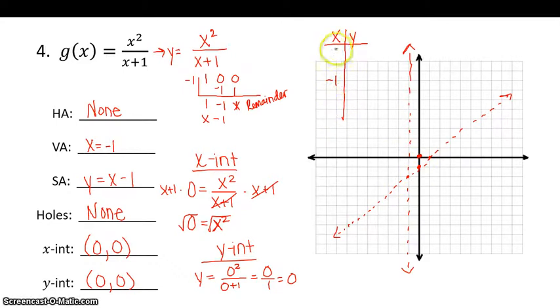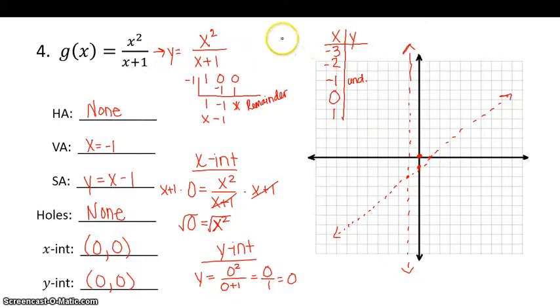And then I'm going to pick two numbers smaller than that, so that'd be -2 and -3. And then two numbers bigger than -1, which are 0 and 1. So this -1 for x is when that was undefined. So now I'm going to plug in these other points, plot them, and then draw in the graph.